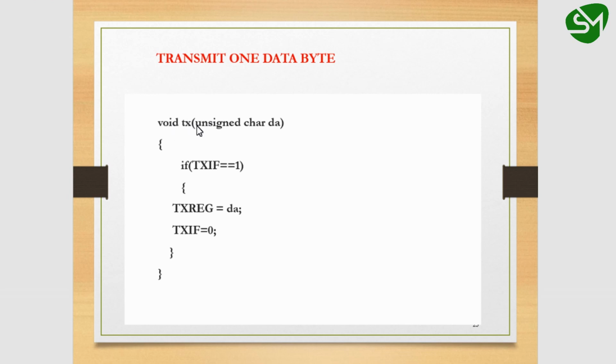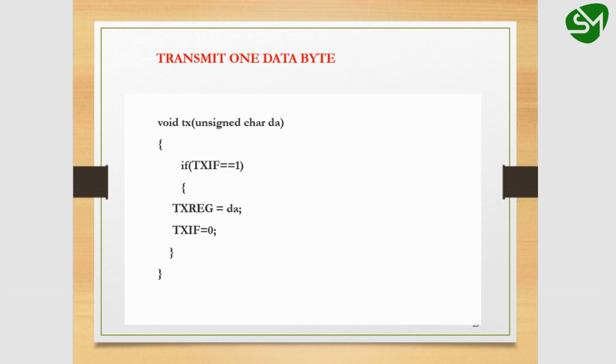Inside this, we first want to check whether the transmit buffer is empty before loading the data. If it is not empty and you load data into a non-empty transmit buffer, the data will collide. That is why we are checking for the transmit buffer to be empty.